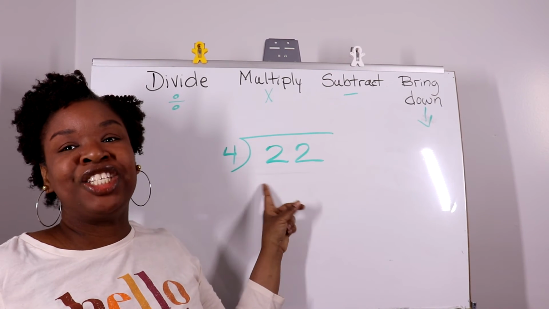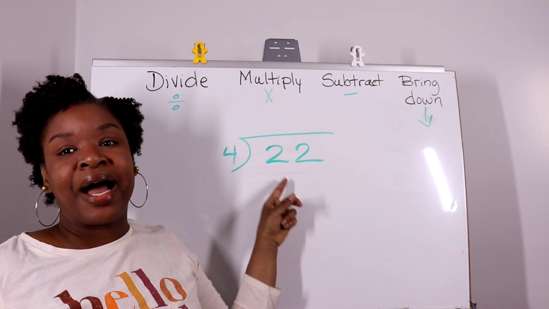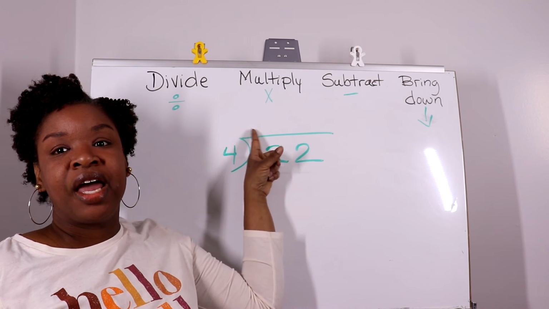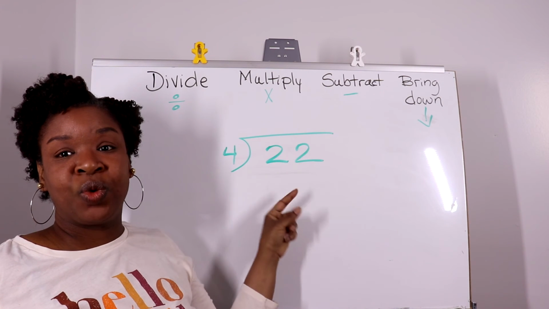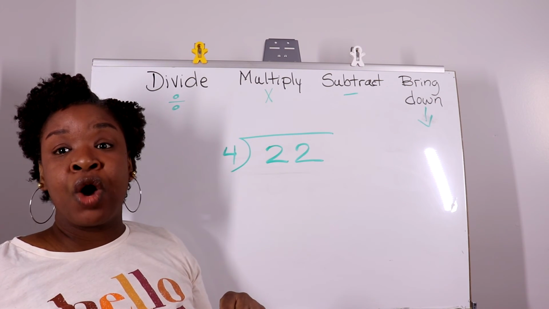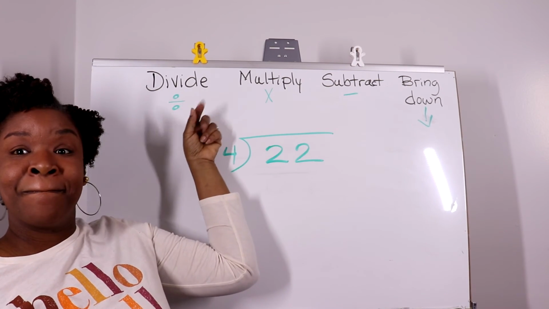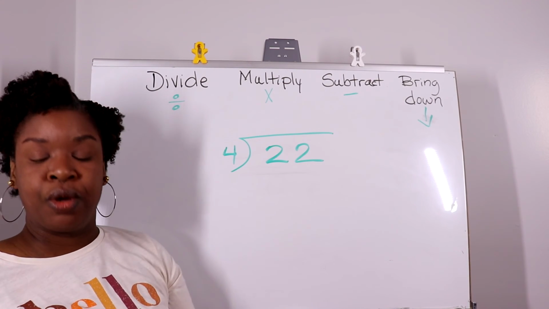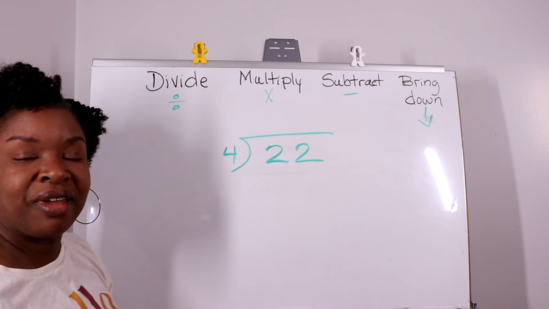Now we have 22 is going to be divided by 4. Dividend, divisor, answer is the quotient. 22 divided by 4. So now we need to know, first step, how many times can 4 go into 22? Let's skip count.